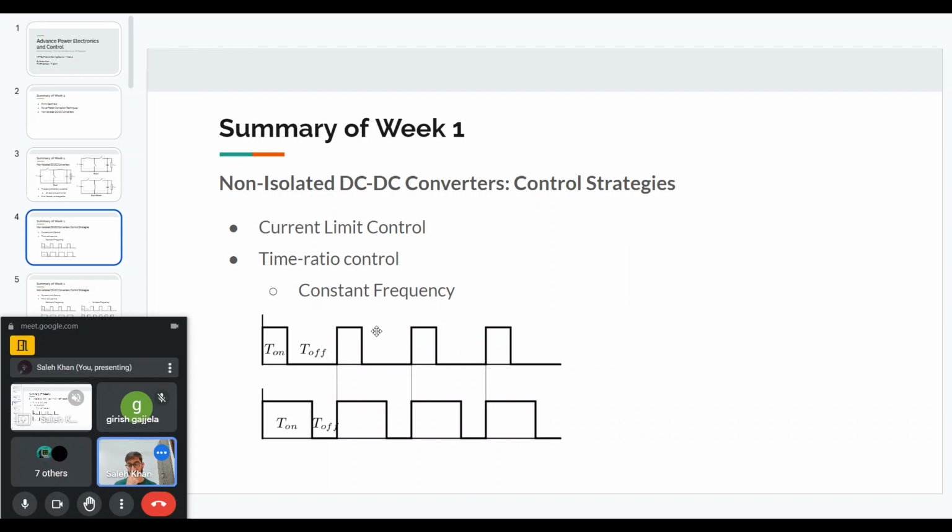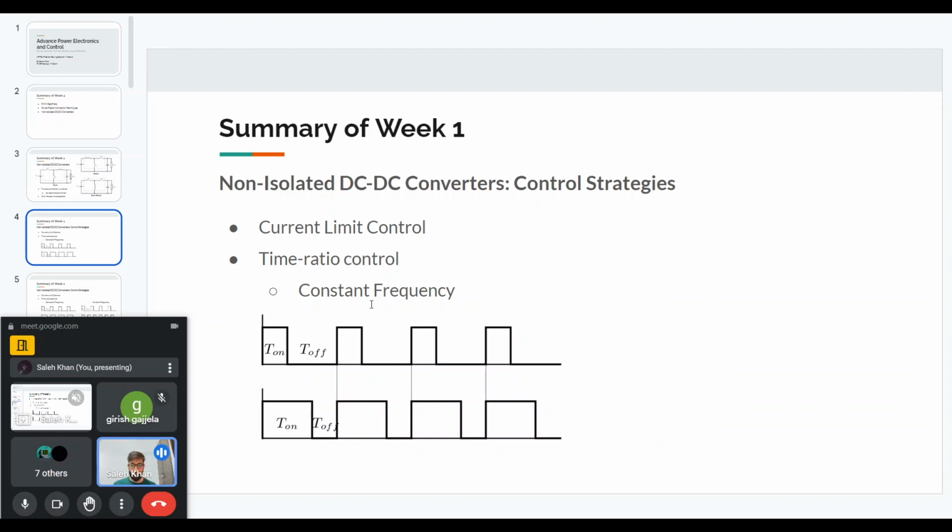Constant frequency means, like I said, the two switches that we have are operated in a complementary fashion. So if I know when one of the switches is on and when it is off, I can know when the other one is on and off as well.